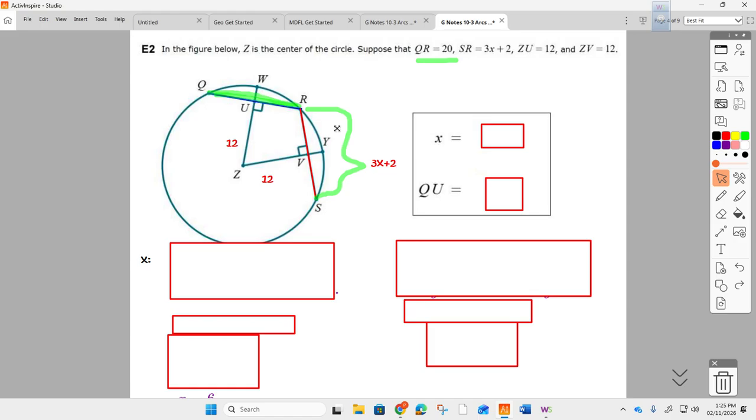Corey? 3x plus 2 equals 20. That is correct. Why is that correct? So did they say anything about arcs there? If they said the two minor arcs were congruent, Corey, you'd be right. Jamari?